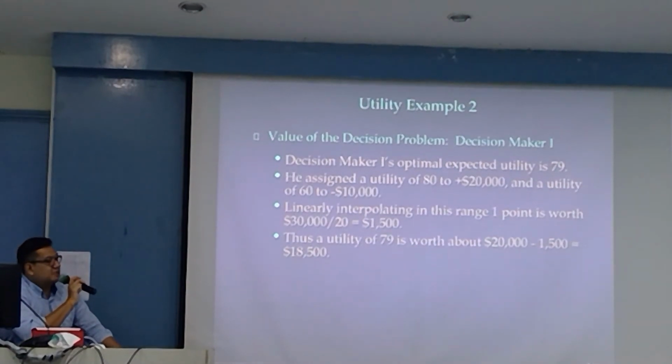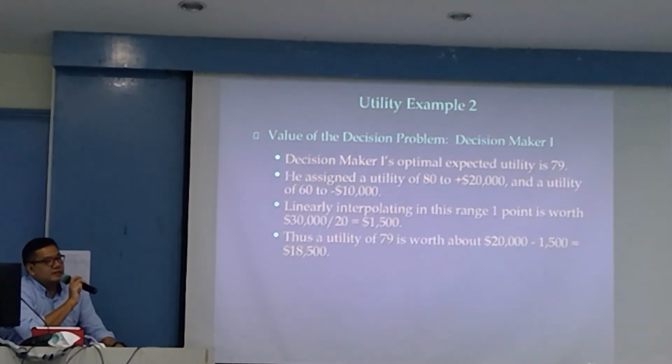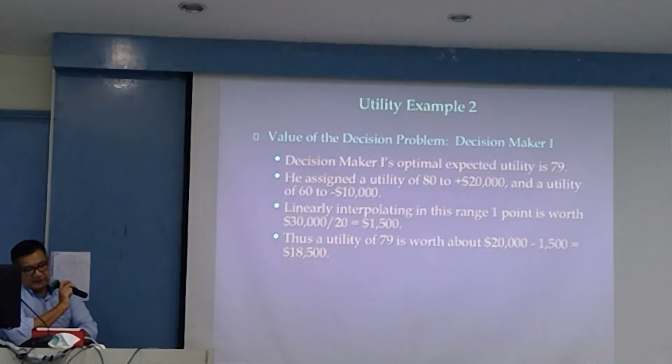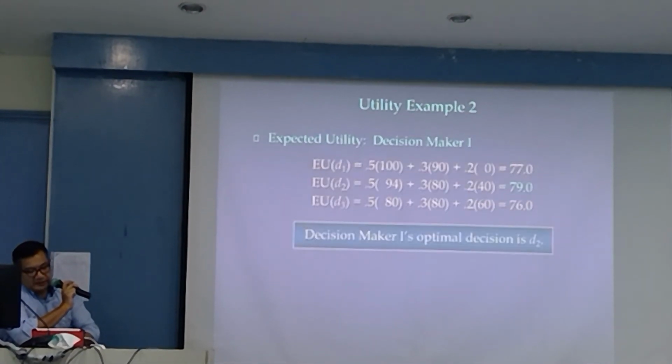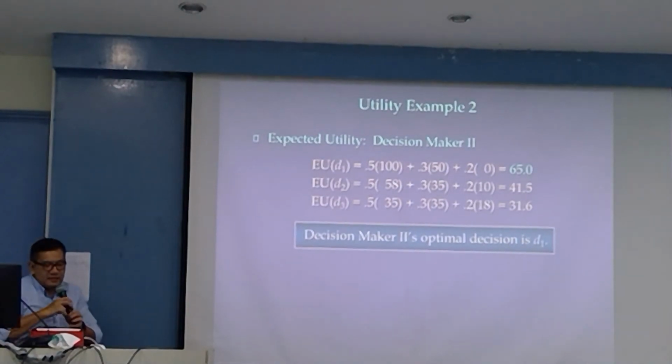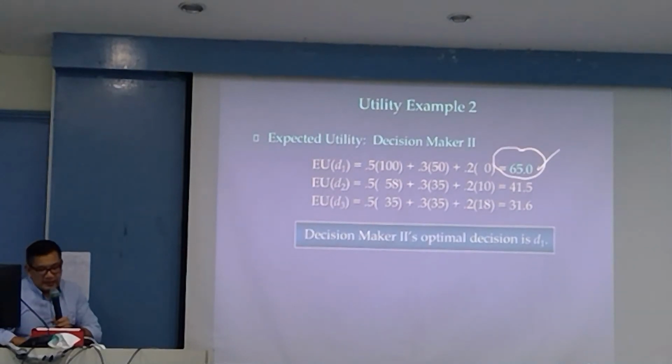Okay, so this is the expected monetary value that you can expect for risk maker number 1. We can do the same thing for risk maker number 2. Because risk maker number 2 selects the first alternative, and the expected utility is equal to 65.